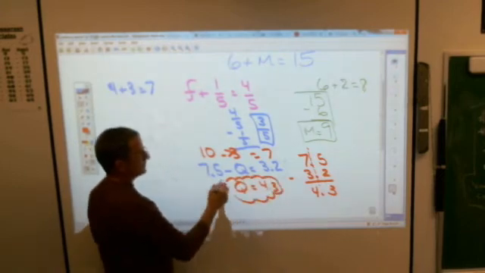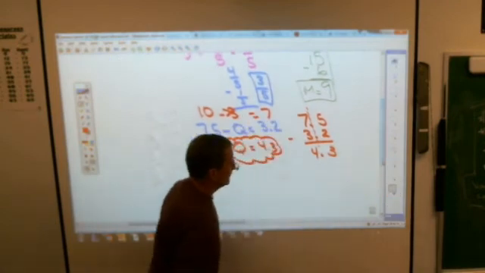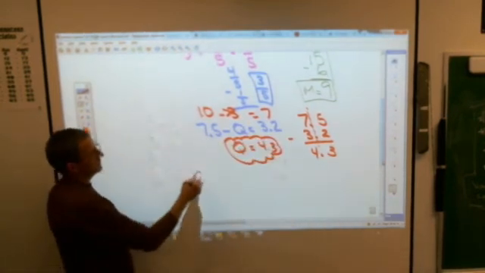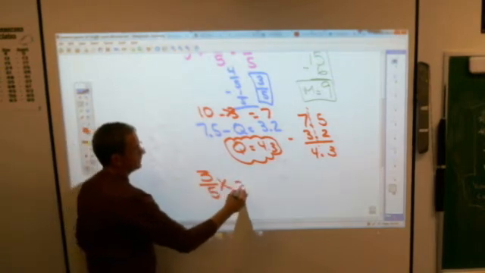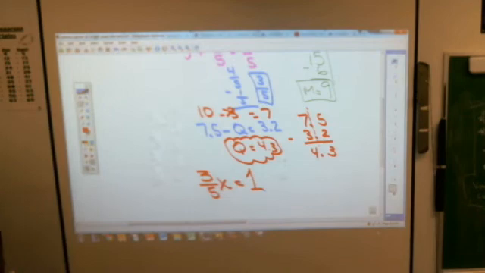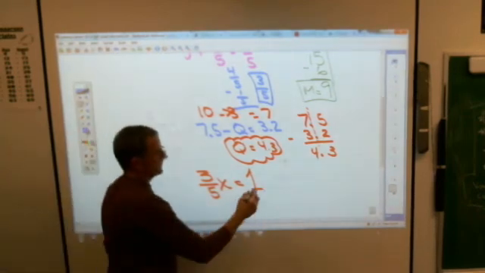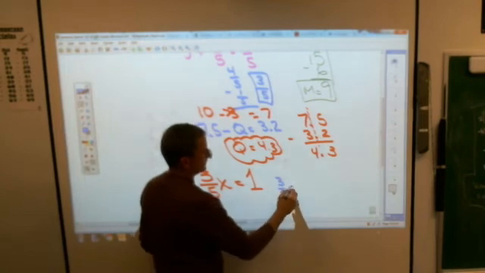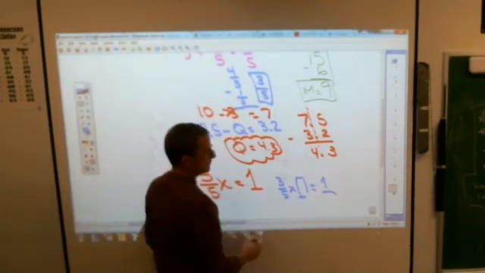Now probably the hardest one of all is going to be one that looks like this. But we've talked about this before. I still get questions about this. 3/5 x equals 1. Now let me tell you, this is the same thing as this. 3/5 times what number equals 1?